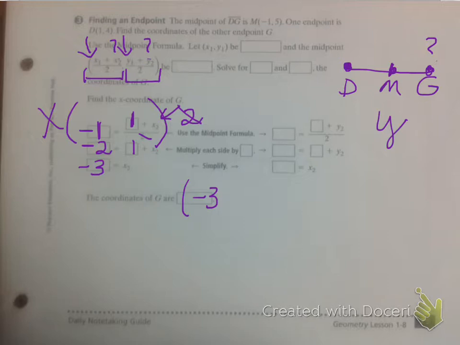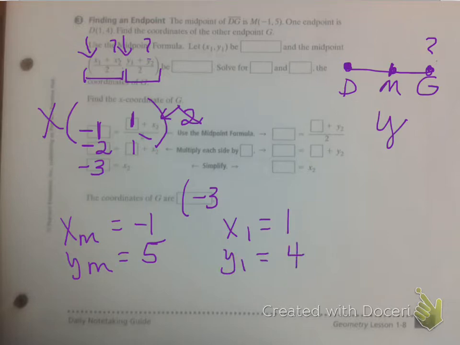I just want to reiterate something. We know our x midpoint is negative 1. We know our y midpoint is 5. We know our x1, that's one of our endpoints, and that was 1. And we know our y1, which is 4. And I'm just getting this from the problem. Now I need to find my other one.